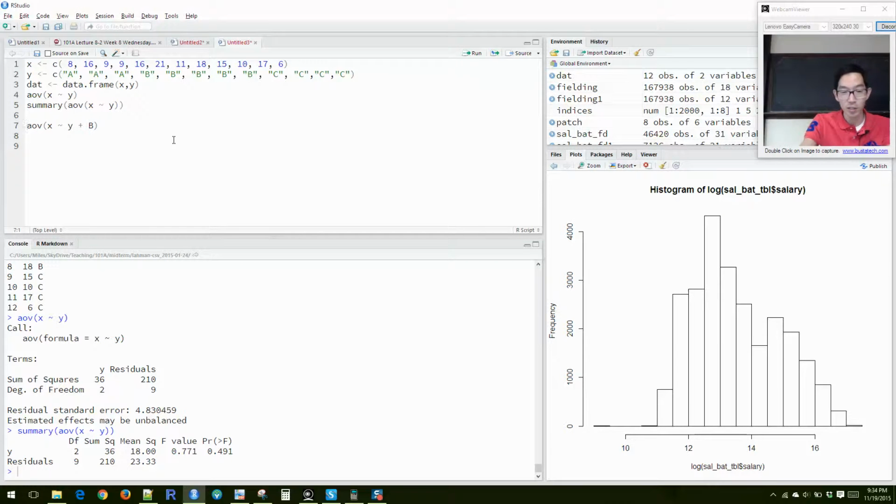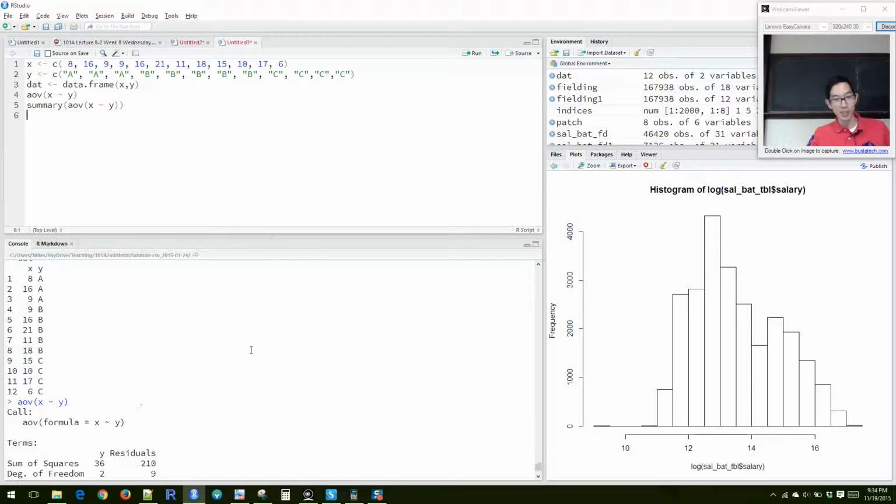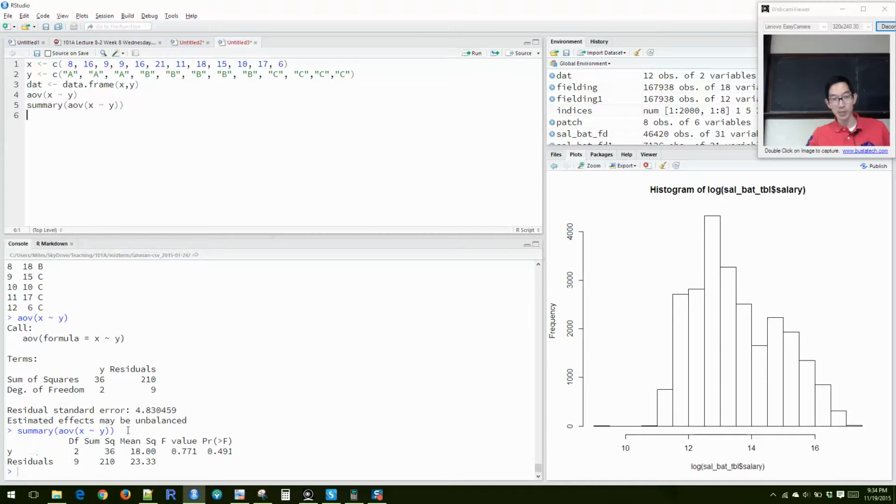And then you just say, I want the summary, I want to see the table, and you do that. I won't make you do this as part of your lab or homework, but I just wanted to show you that it took us a long time just to get these numbers, and it's very easy to do with R. Are there any questions?